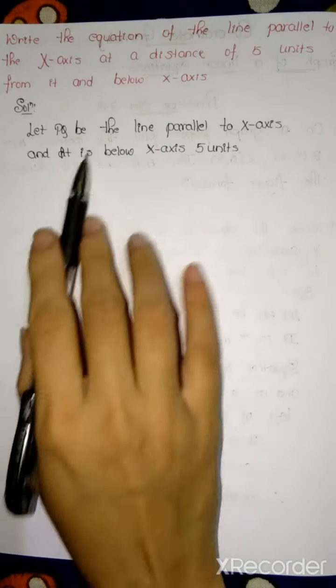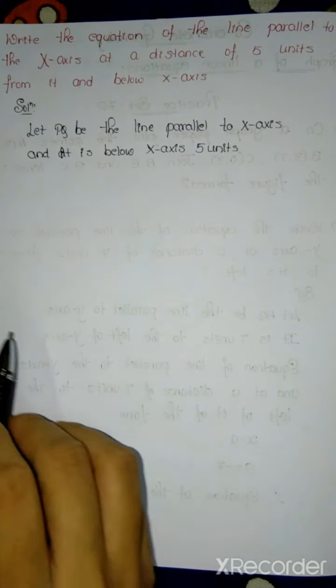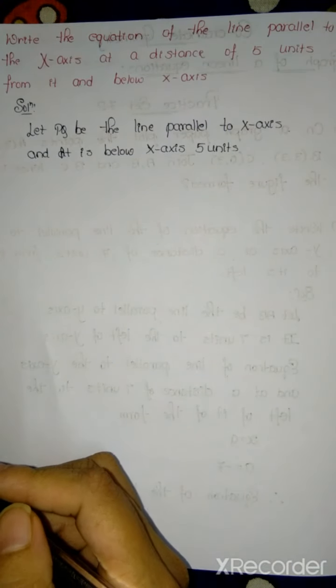So let's consider PQ be the line parallel to the x-axis and it is below the x-axis by 5 units. So 5 unit below है.